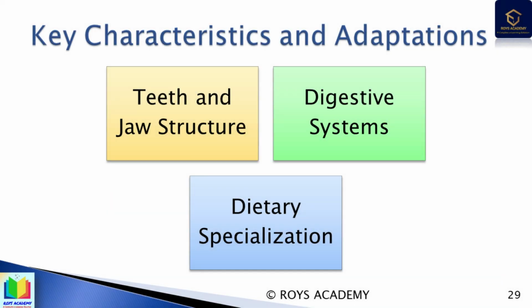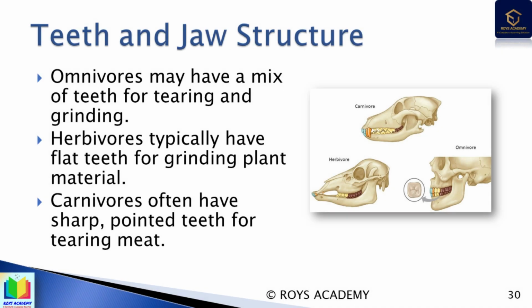Key characteristics and adaptations. Now we are going to discuss the following topics: teeth and jaw structure, digestive systems, and dietary specialization. Teeth and jaw structure: omnivores may have a mix of teeth for tearing and grinding.